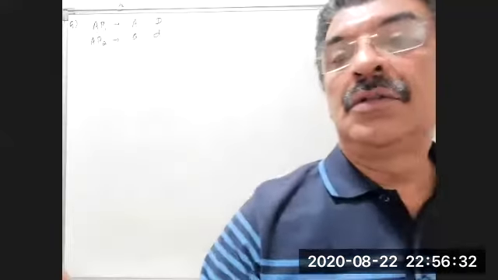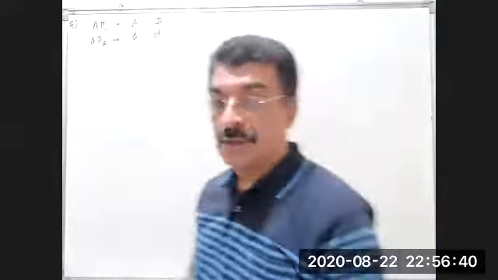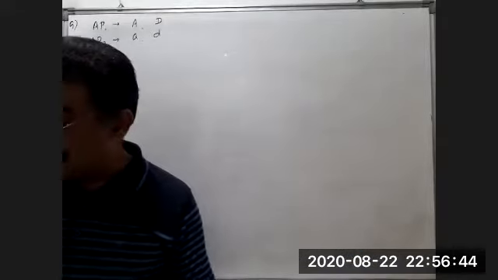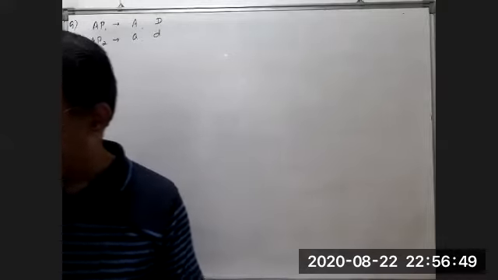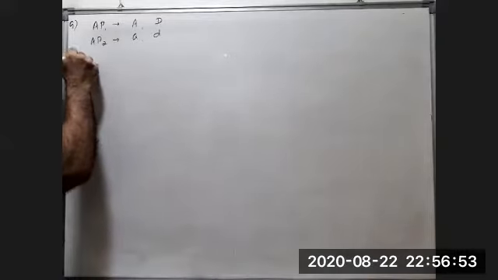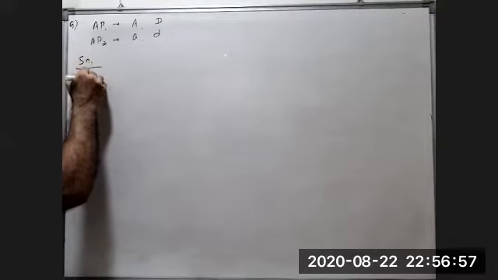Now listen. What is given? The ratio of the sum of n terms of these two. That means Sn1 by Sn2.